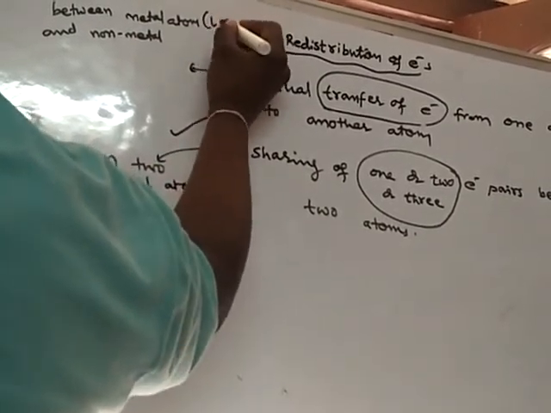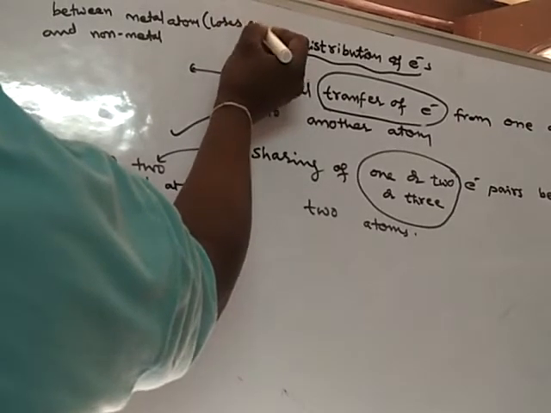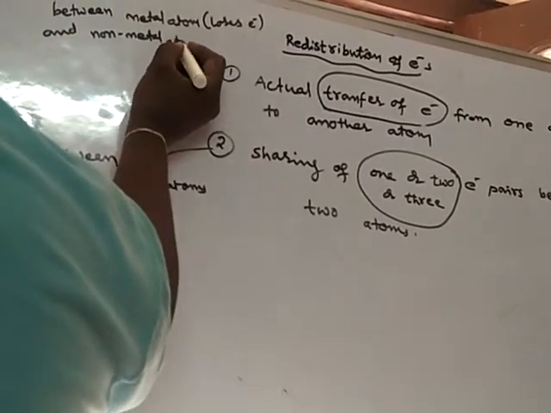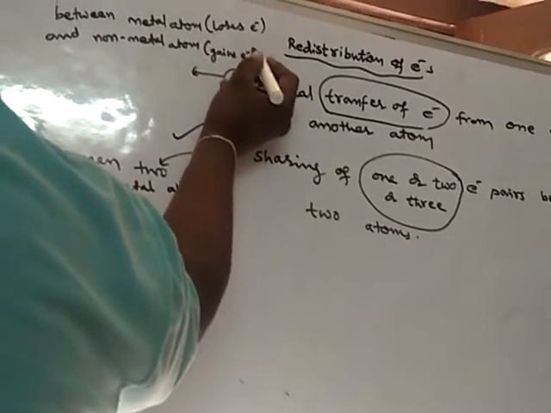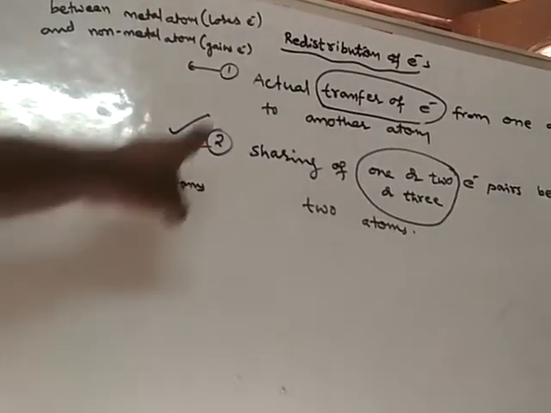See, the metal atom loses electron. Okay, the non-metal atom, what happens? It gains electron. So here, actual transfer of electron.